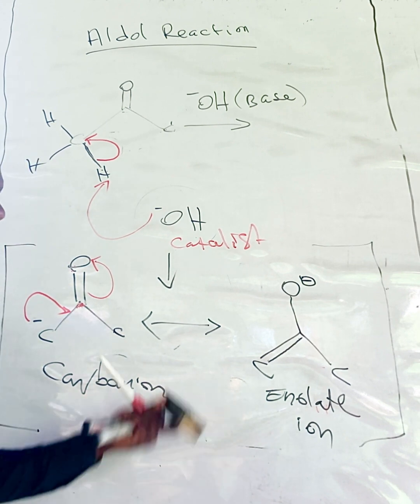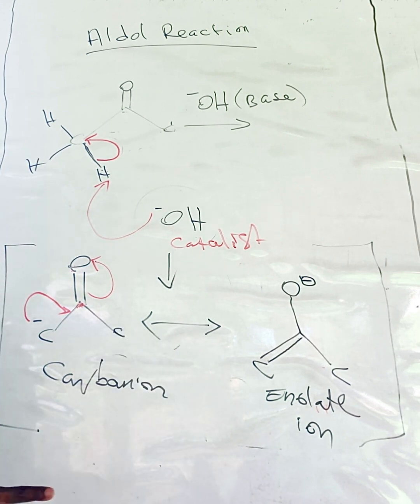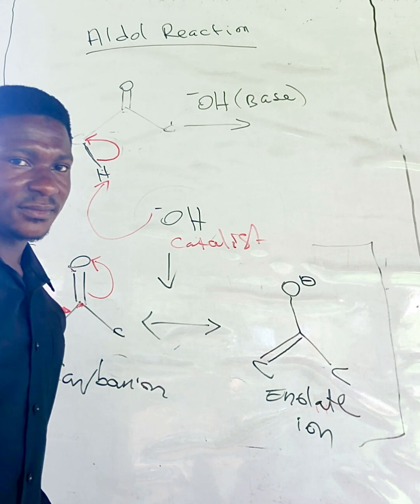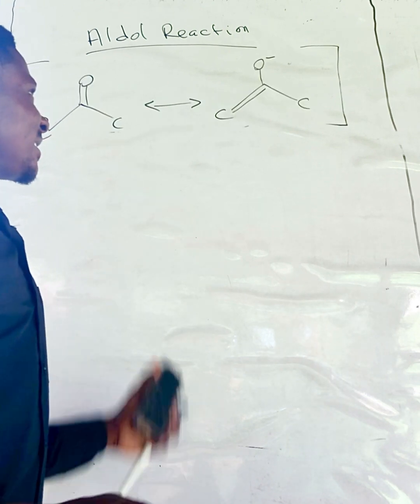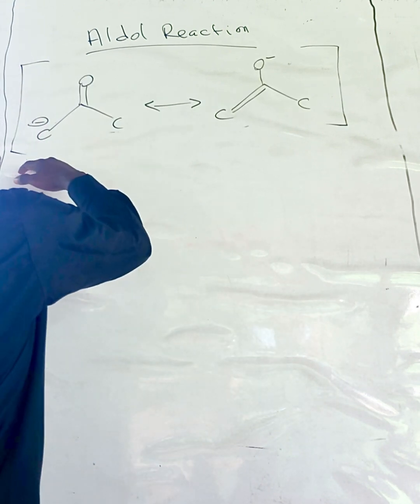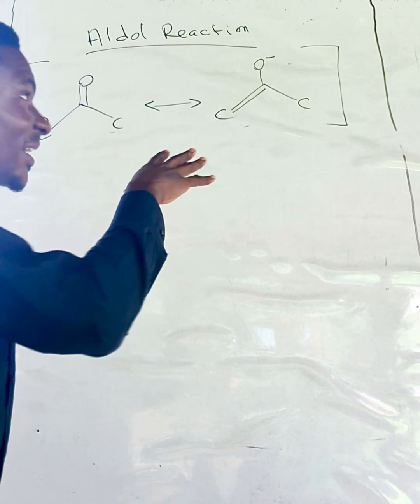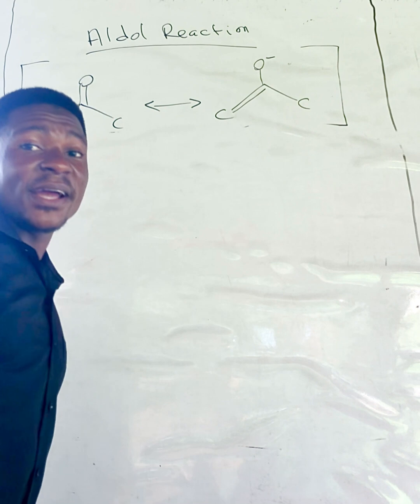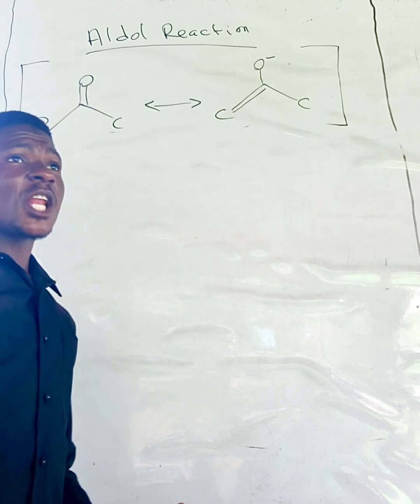Once you have done this, your carbonyl system is ready for the next step of the reaction. So now this is our resonance system. We have our carbanion and our enolate ion. Now we want to proceed.